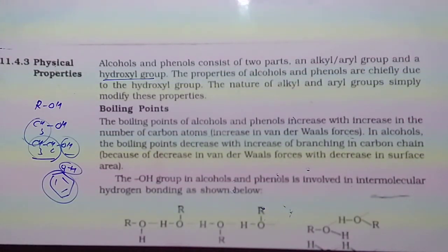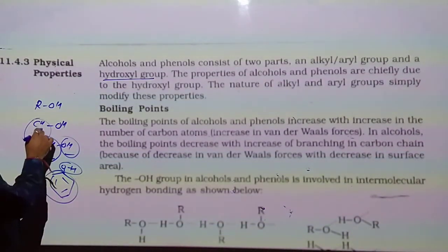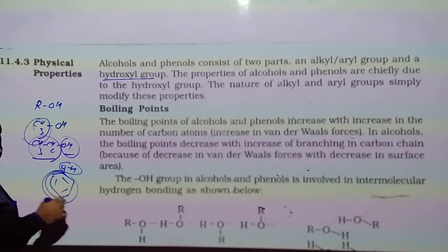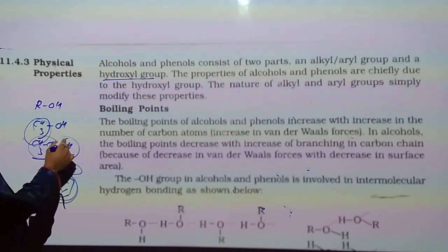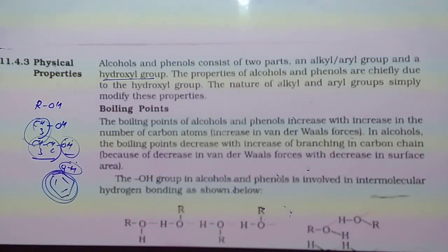The properties of alcohols and phenols are chiefly due to the hydroxyl group. Actually the hydrocarbon part is non-active. Which part is active? The OH part is active. So the chief property of alcohol and phenol is due to its hydroxyl group. The nature of the alkyl or aryl group simply modifies these properties.